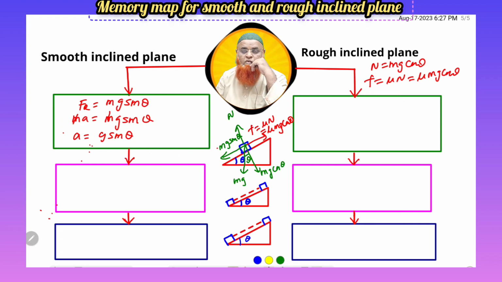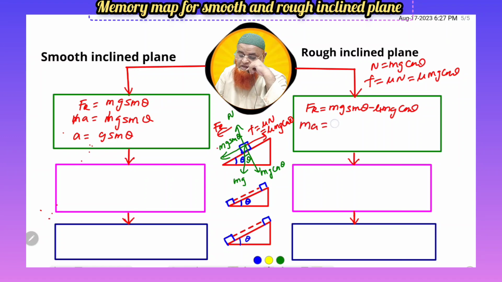Okay, so what is the resultant force acting on a rough inclined plane? The resultant force acting on a rough inclined plane downwards is the difference of mg sin theta and mu mg cos theta. So we can write the resultant force as ma, which is mg sin theta minus mu mg cos theta.